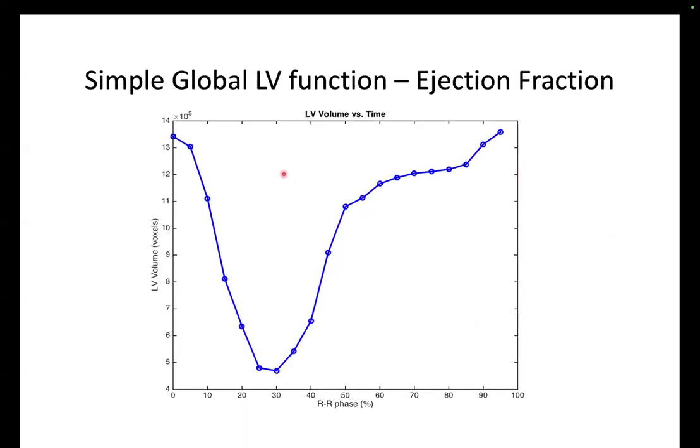And then when you plot LV function, this is a plot of how much blood is in the left ventricle as a function of time. Here, time has been converted into a percentage of the R to R interval. So this would be 1 second along here if the patient had a heart rate of 60 beats per minute.